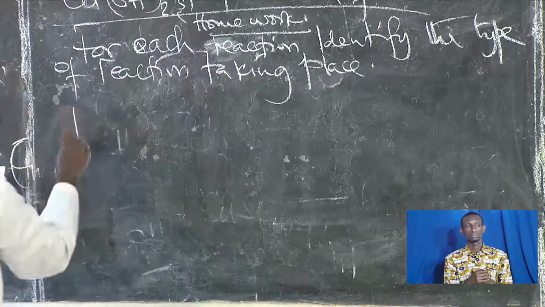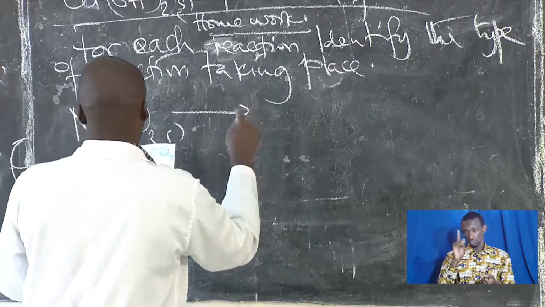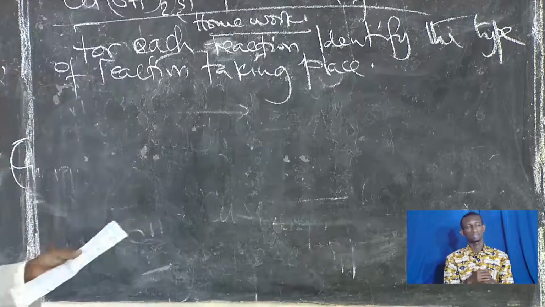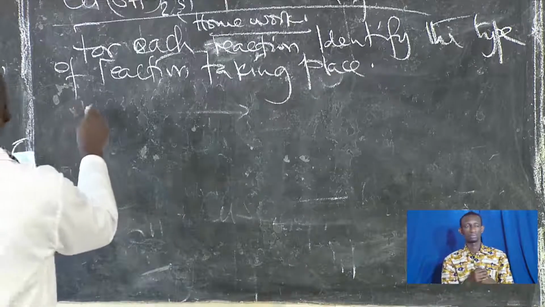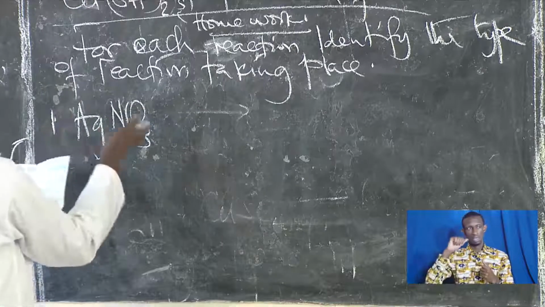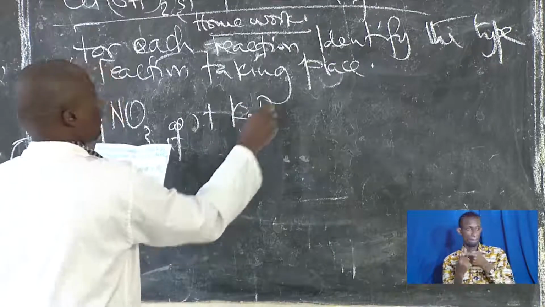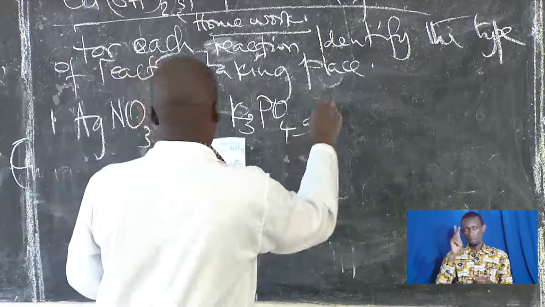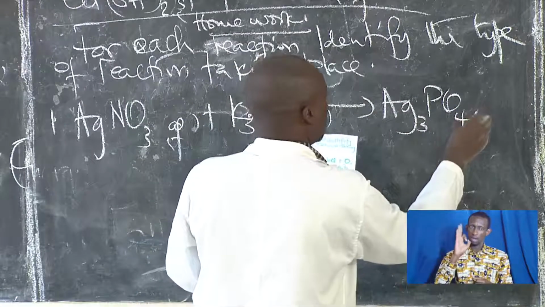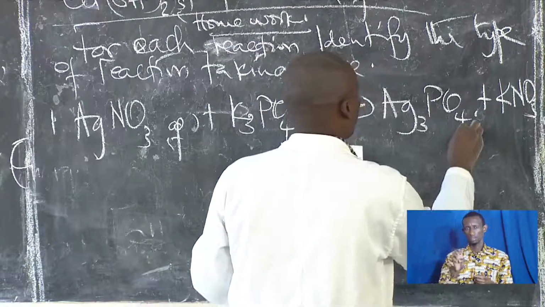Number 1, you have silver nitrate plus potassium phosphate. This will give silver phosphate plus potassium nitrate.